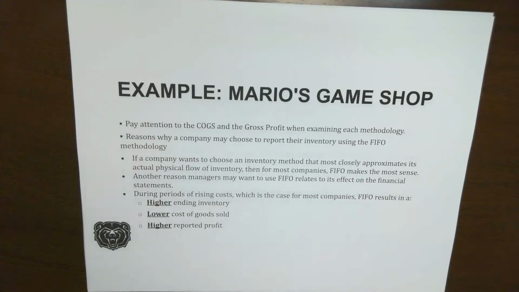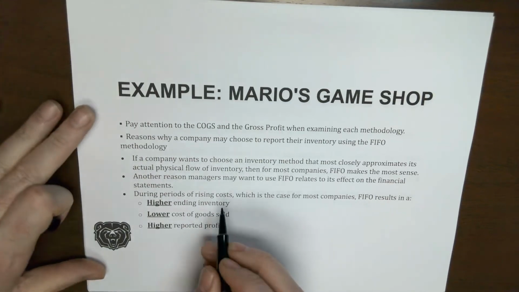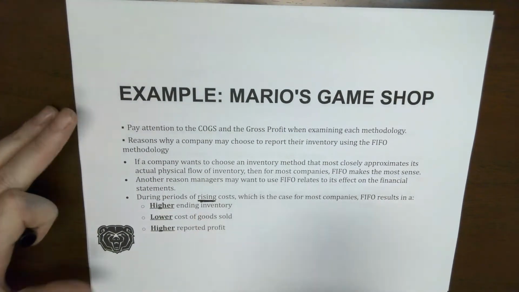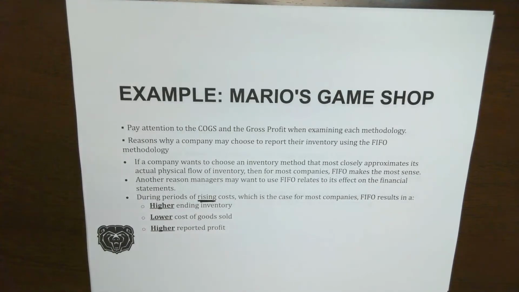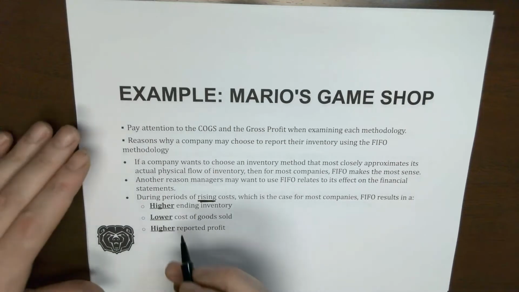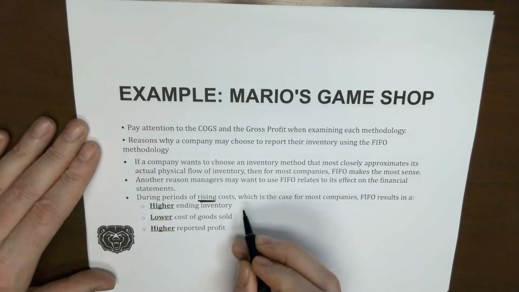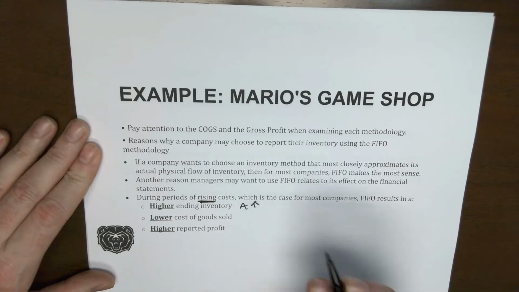So, like we said, this is just a refresher, but during periods of rising costs, which for most companies is always, right? Things typically don't get cheaper over time. The cost to purchase inventory, the cost to purchase raw materials increases over time. So FIFO is going to result in the higher ending inventory, which is a higher asset account for them.